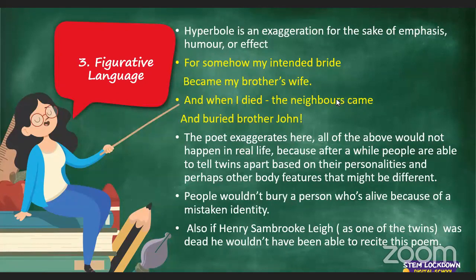So that would mean that instead of the neighbors burying the brother that is dead, they buried him because they look alike. And that is just not possible, burying somebody who's alive, okay? And also, if Henry, the one who wrote the poem, was dead, he wouldn't be able to have written this poem for us to hear, right? So I hope we get the point of the hyperbole in these lines that I've just read, okay?